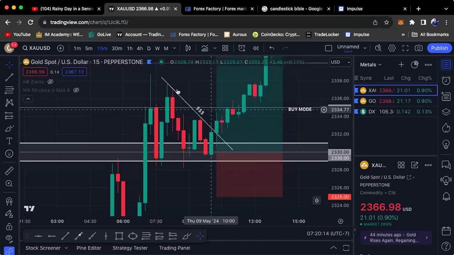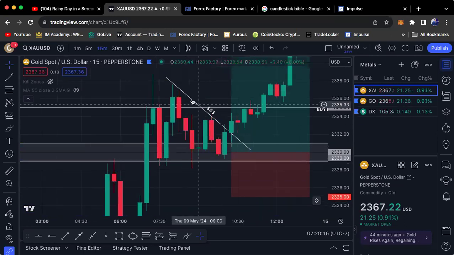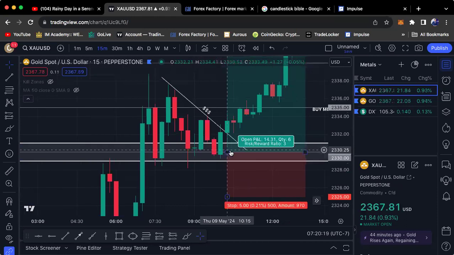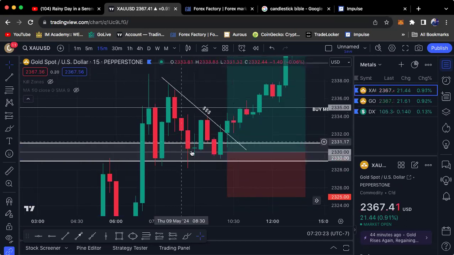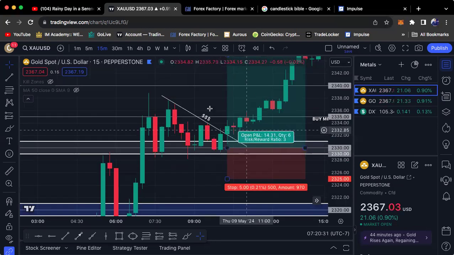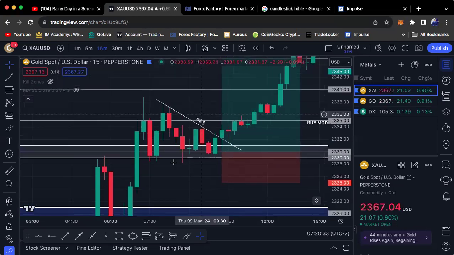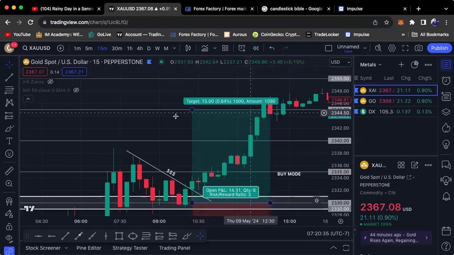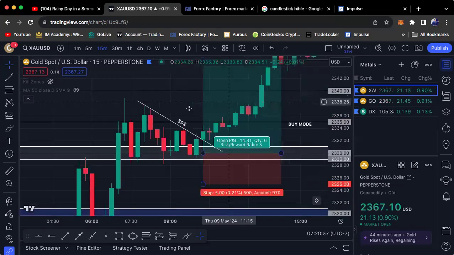You see that? I have my entry set up at 23.30. Price touched it here, it broke above my counter trend, and I took the buy for a total 150 pips. So 1, 2, 3 risk reward.